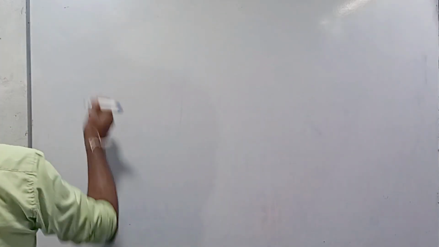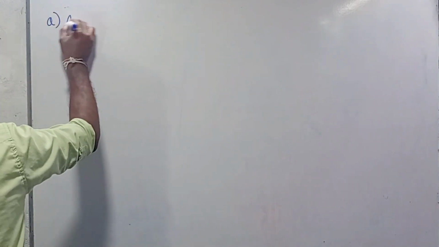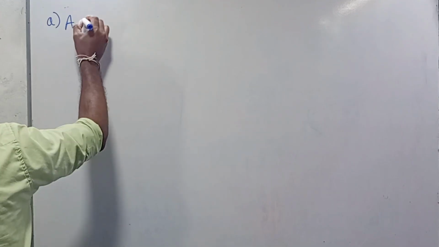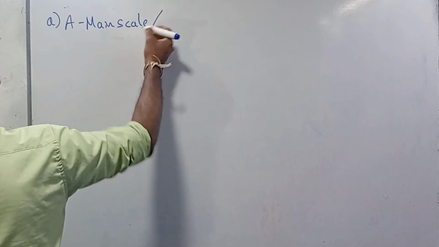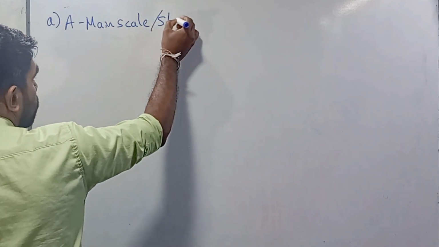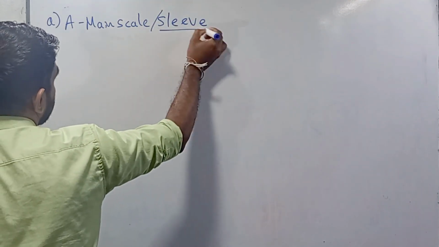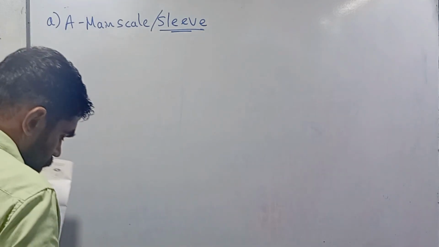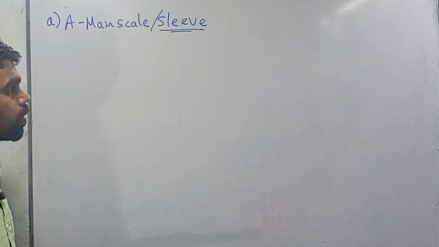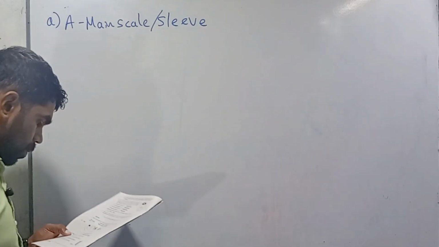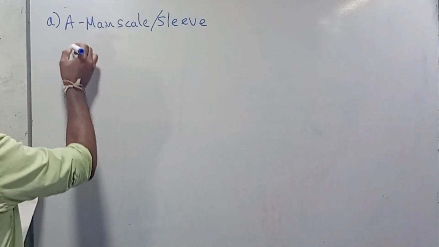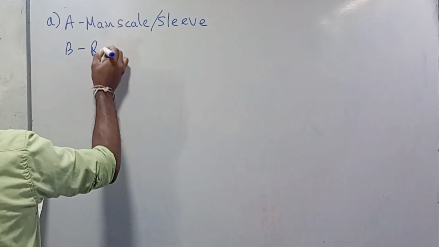I will write it. A, main scale or sleeve. Especially you have to remember this name. Sometimes they will not give marks for main scale, sleeve. B, rotating scale.